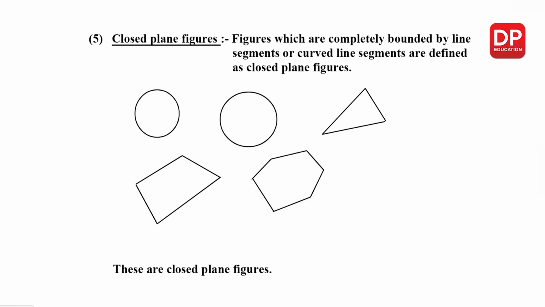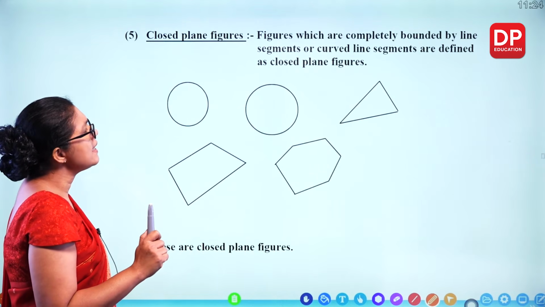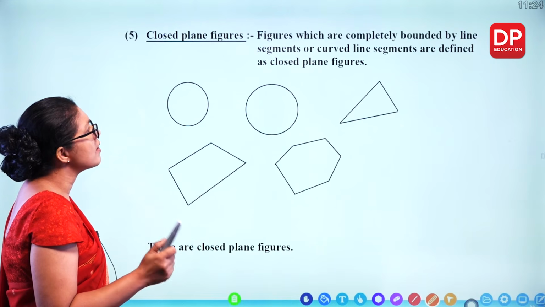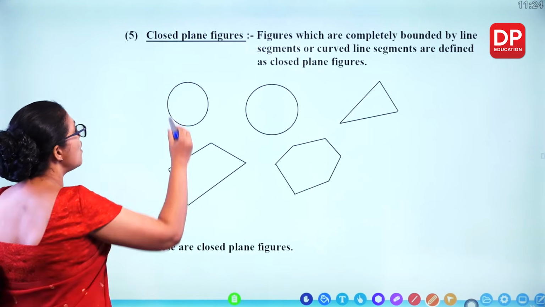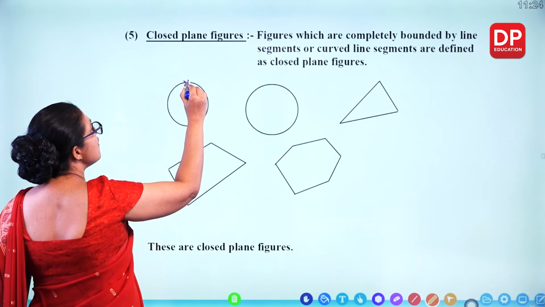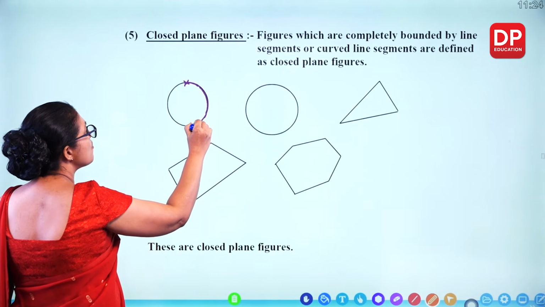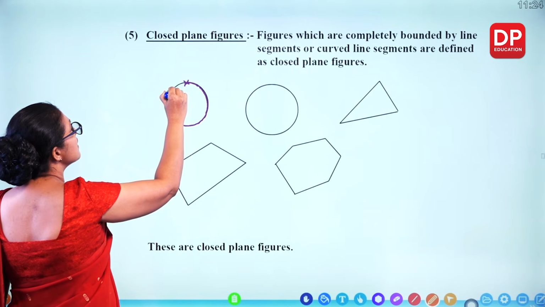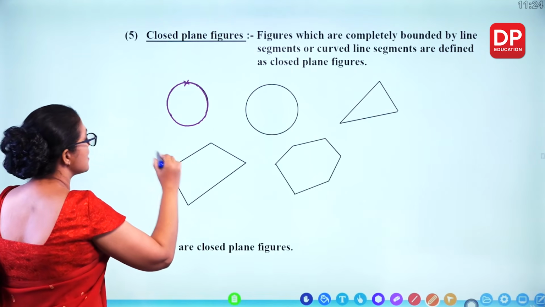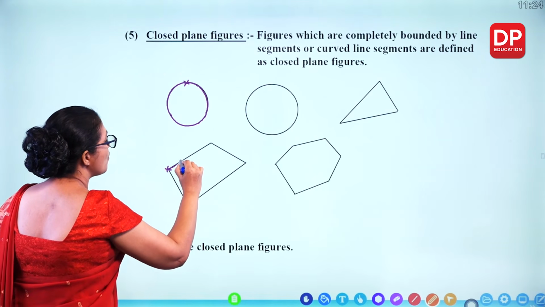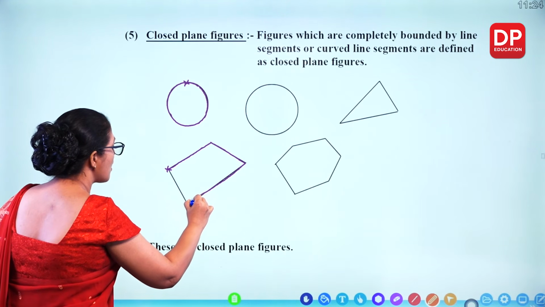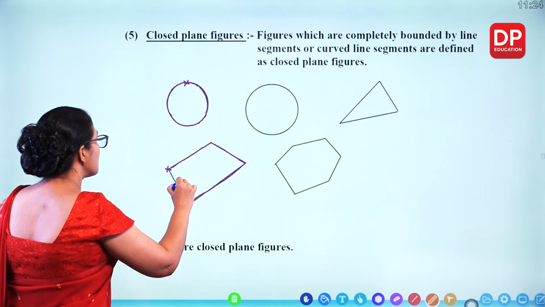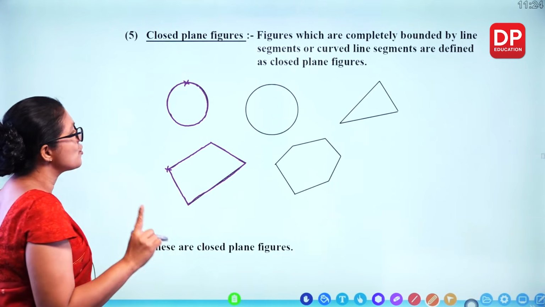So what are closed plane figures? Figures which are completely bounded by line segments or curved line segments are defined as closed plane figures. When you take a point, go round and come to the same point, those are closed figures, closed plane figures.